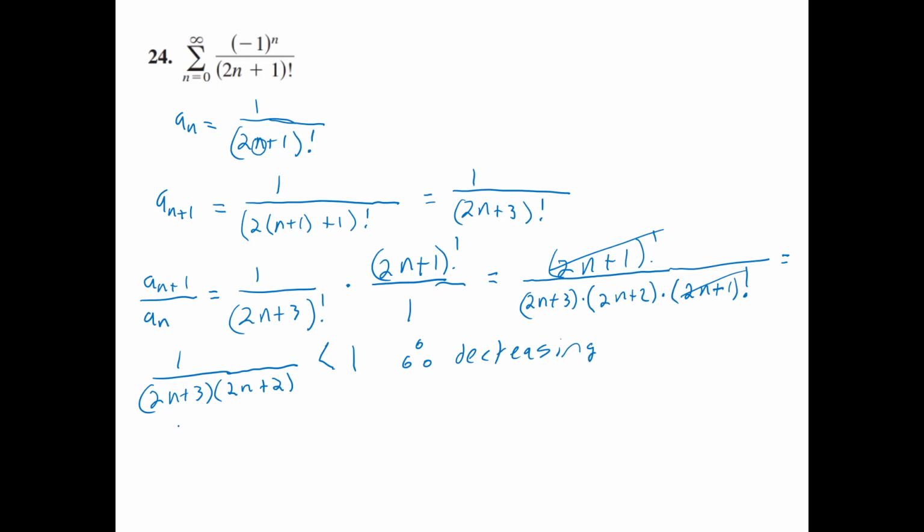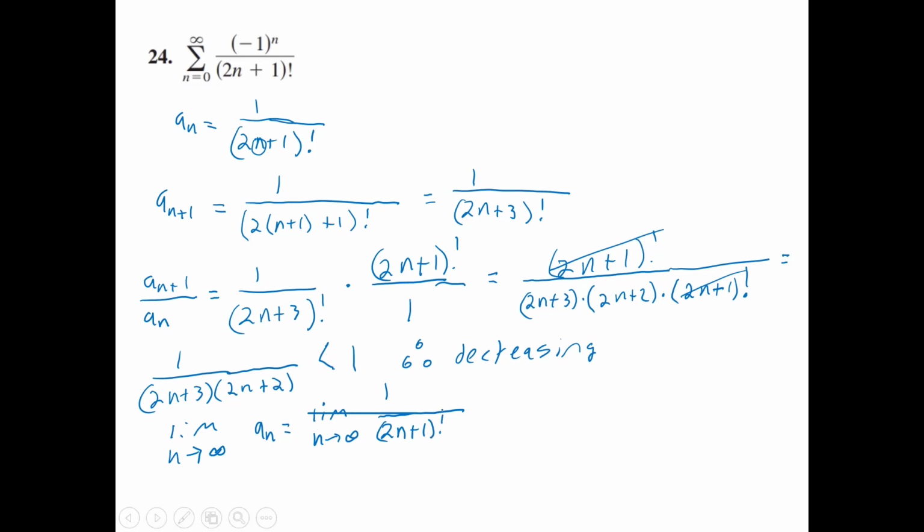Right? And so then the limit as n goes off to infinity of a sub n will be the limit as n goes off to infinity of 1 over (2n plus 1) factorial.